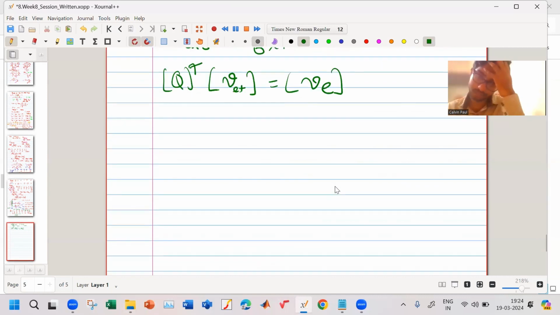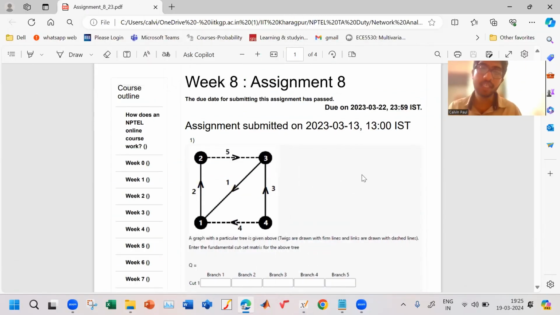So now I'll start solving sums. We have to find for this one. Let's take this.